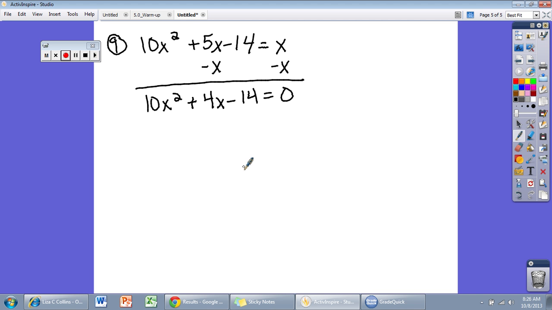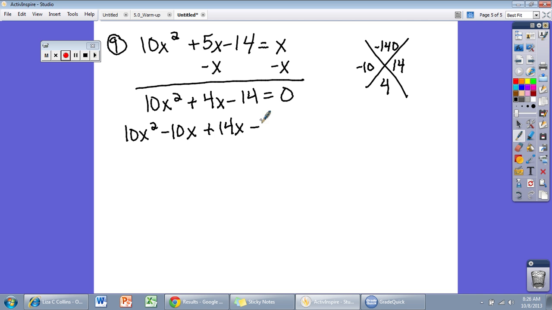We cannot solve this equation unless it is equal to 0. So now we're looking for numbers that multiply to give us a negative 140 and add to give us 4. Those two numbers are a negative 10 and a positive 14. So we rewrite our trinomial as 10x squared minus 10x plus 14x minus 14 is equal to 0.